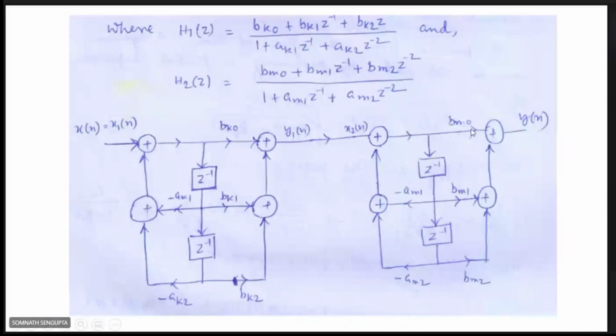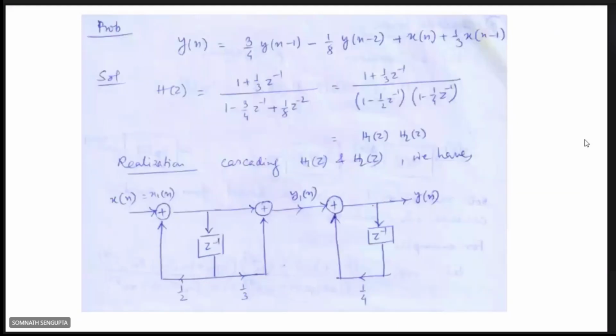The coefficients that go to the output side have no change in sign, whereas those going to the input side have their sign changed, that is, minus AM1, minus AM2, like this. So this is the cascade structure, where different stages are connected in series.